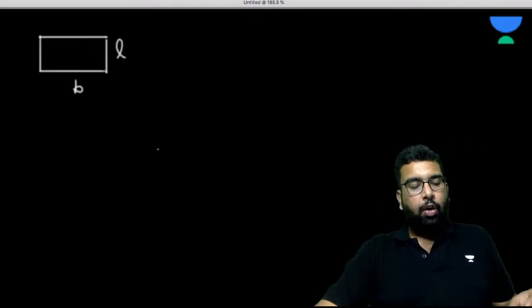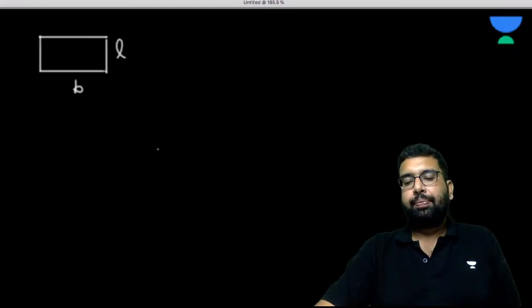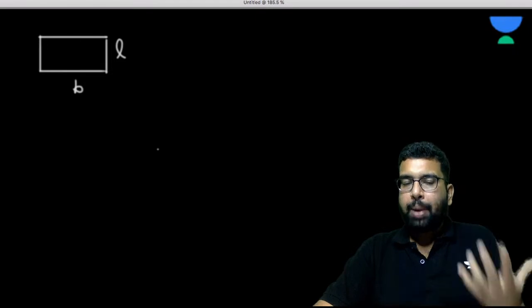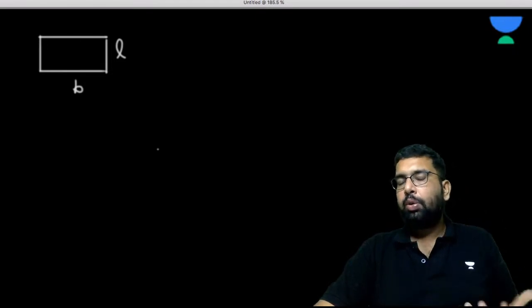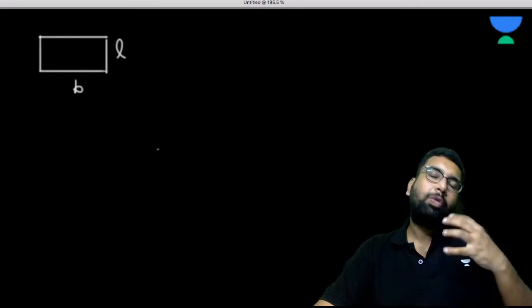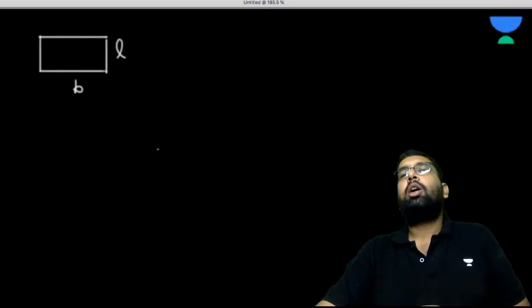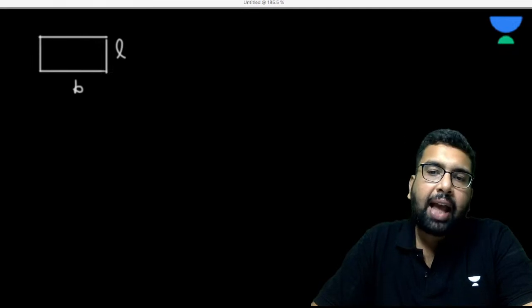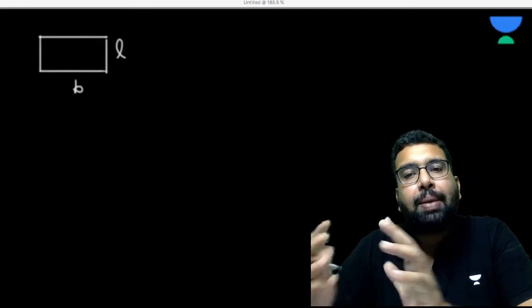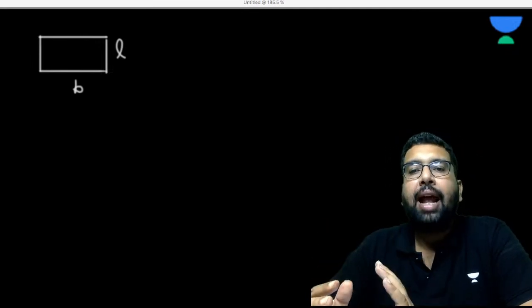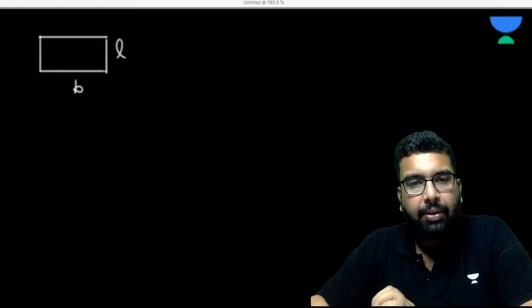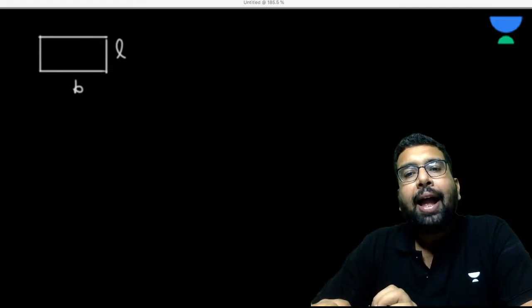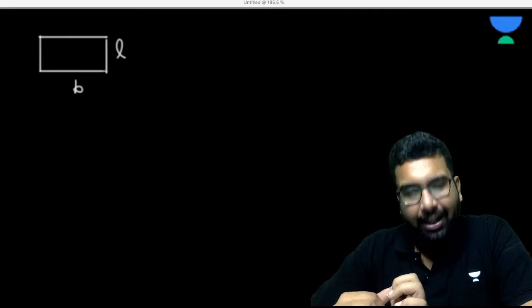So let's suppose we wanted to have the area of something. We can get the area of that thing by measuring the length and the width of that rectangle.